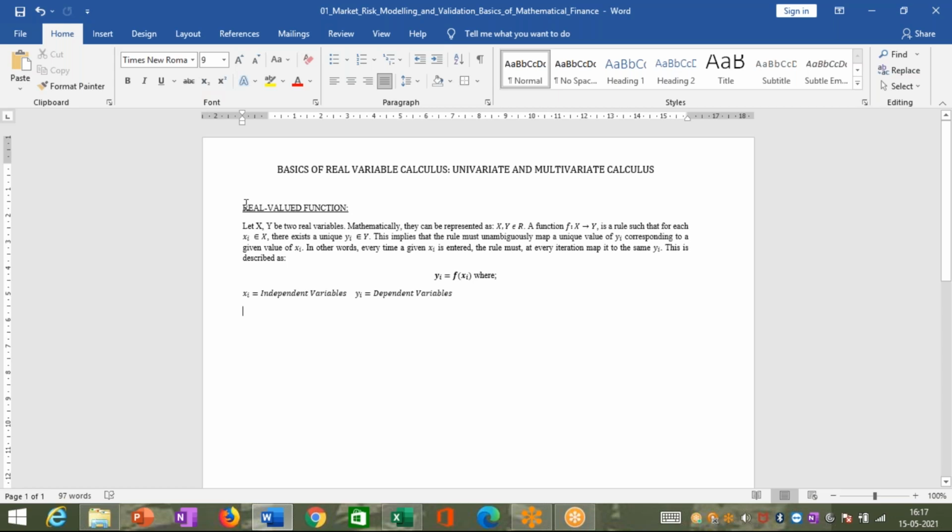Over here, let me just copy this part. These are some illustrations of real value functions. Now the next question is, what are the types of functions, and why are we even talking about functions, right?